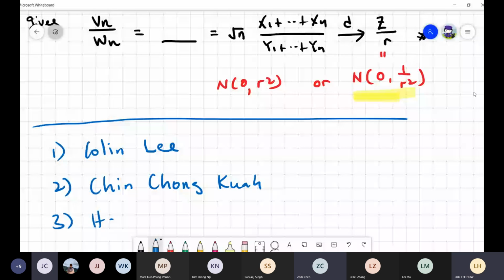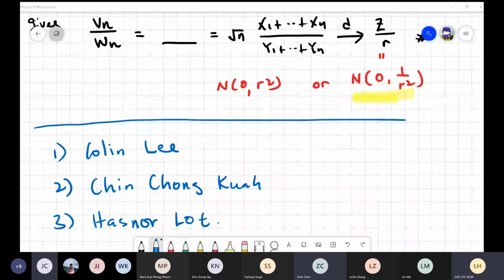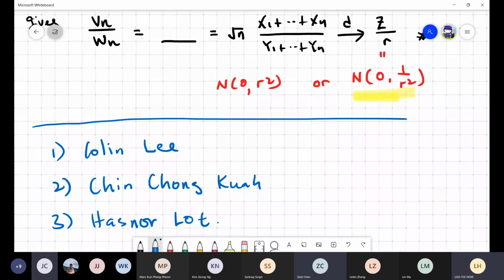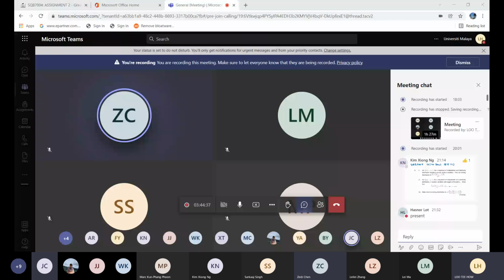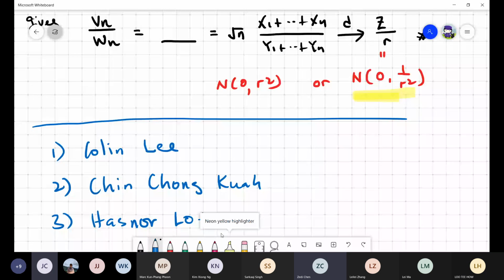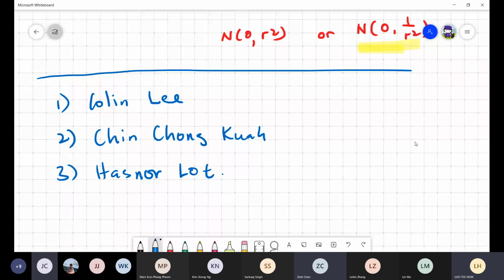Hasno Law. So three of you, are you here? Please let me know whether you are here or not. Oh, Hasno, you are here. Colin? Chin, are you here? No. Okay, so for others, if you know Colin and Chin, please pass a message to them.